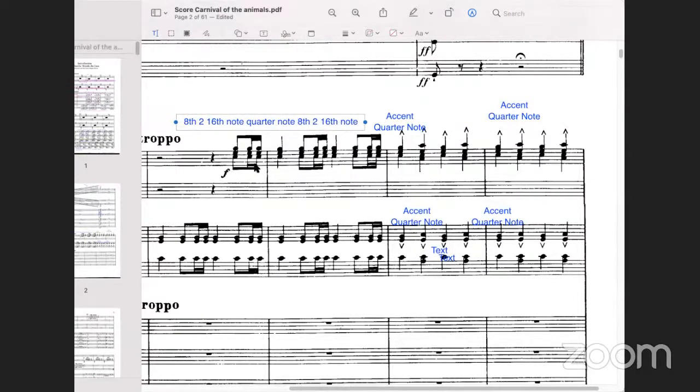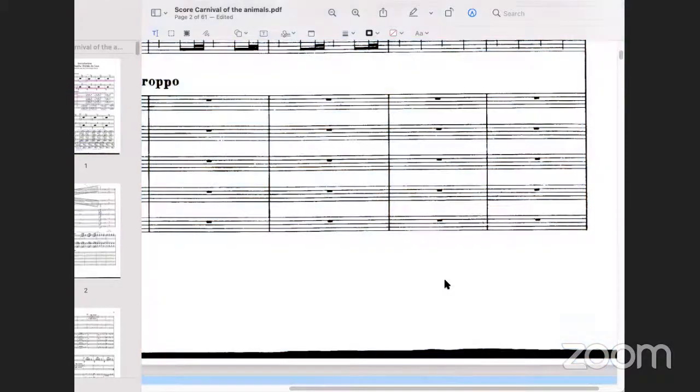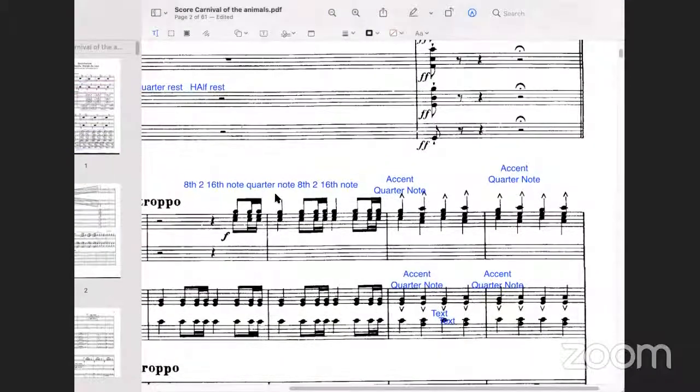So eighth note, 2/16 note, quarter note, eighth note, 2/16 note, quarter note. If you just write quarter, it does not mean note or rest. You need to write quarter note, eighth note, eighth rest, and so on. Here does not have eighth rest, I just wrote eighth note and 2/16 note.